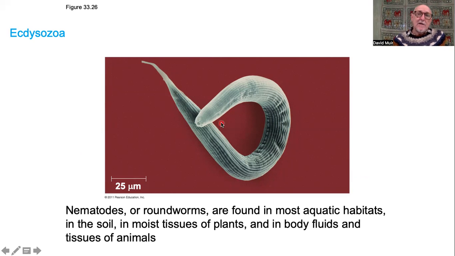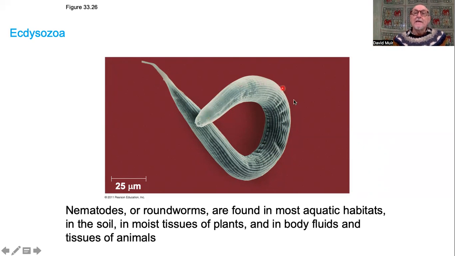But the fact of the matter is that they have an outer exoskeleton, a cuticle made of this substance chitin. And chitin is a polysaccharide, a very tough polysaccharide. In the case of the nematodes, the exoskeleton is very thin and much more flexible than it is in the other group that we're going to talk about, which are the arthropods.